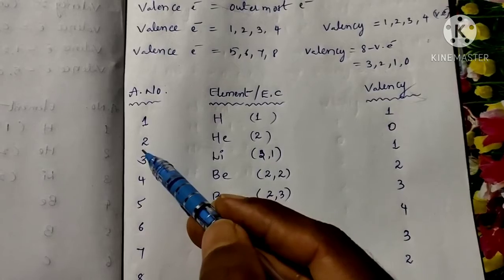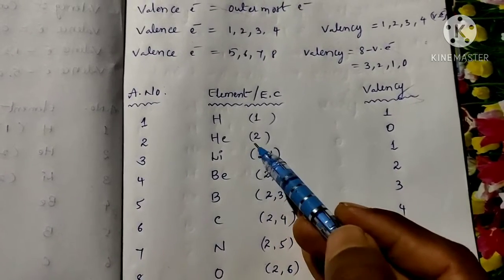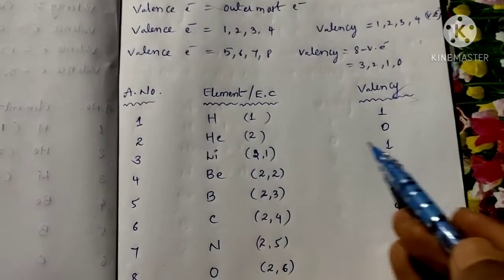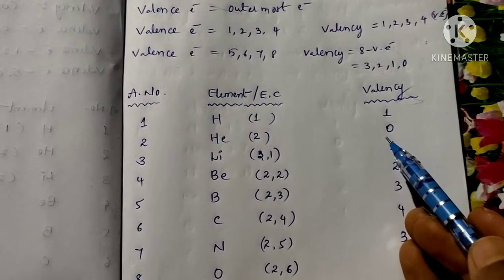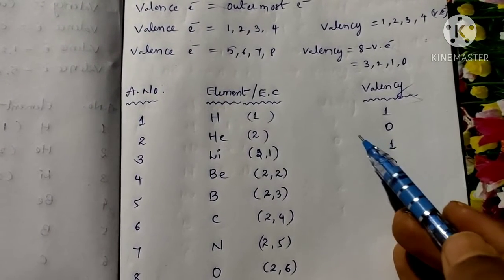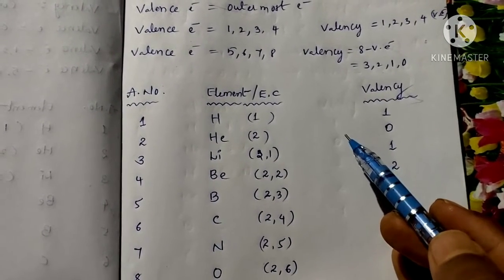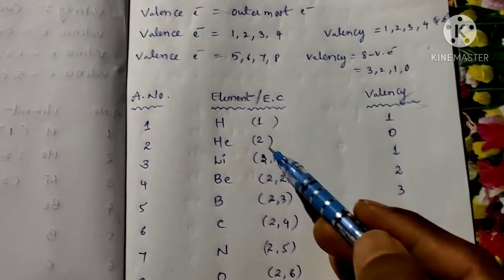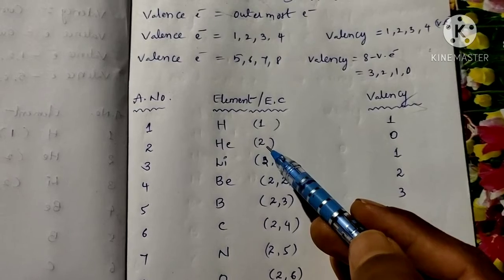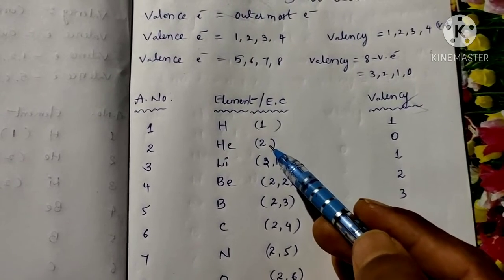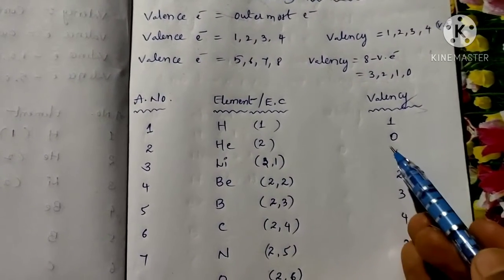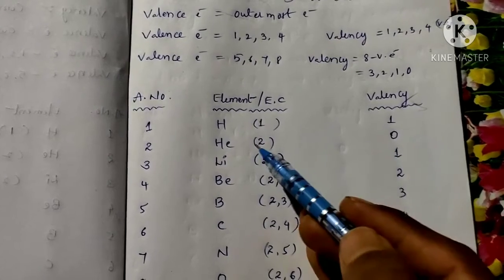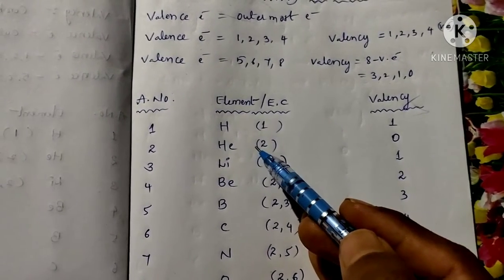Number 2, helium. Configuration 2, then valency is 2. Here helium is an exception, so the valency becomes 0, because helium has only one shell that is completely filled with 2 electrons. That is why the valency of this element is 0. It has some exceptions, okay?